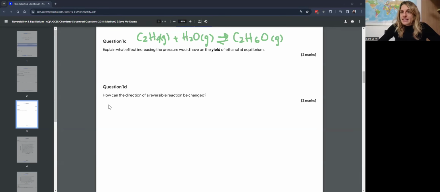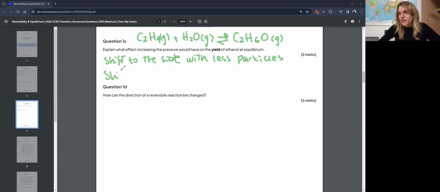So, remembering that an increase in pressure would shift the equilibrium to the side with fewer particles, in this case we have to say it shifts to the right.